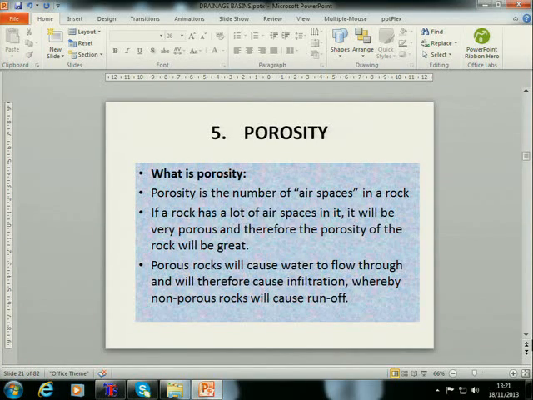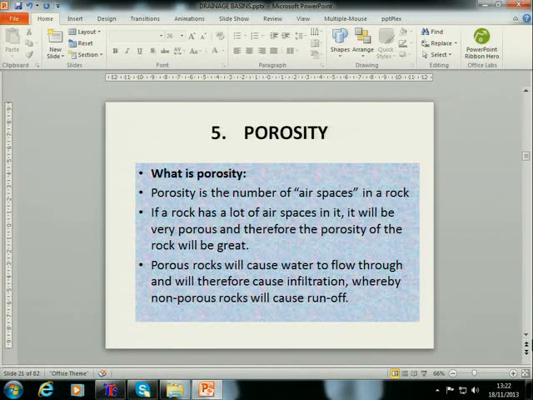Now we come to two features that cause a lot of problems for candidates. The one is porosity and the other one is permeability. Let's look at porosity first. The definition of porosity in straightforward, understandable language is the number of air spaces in a rock.